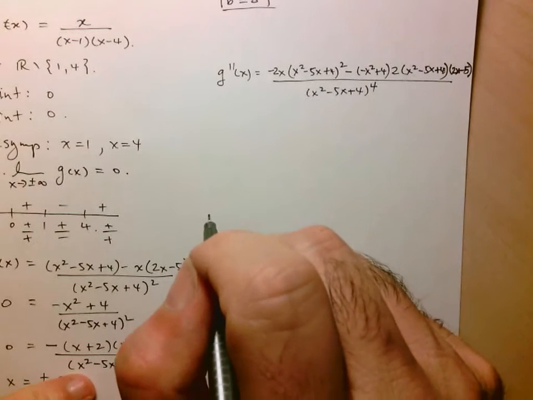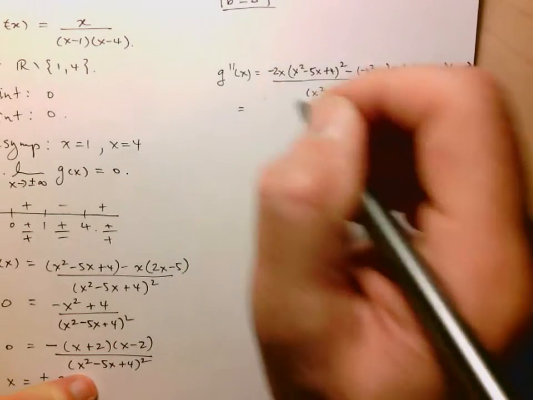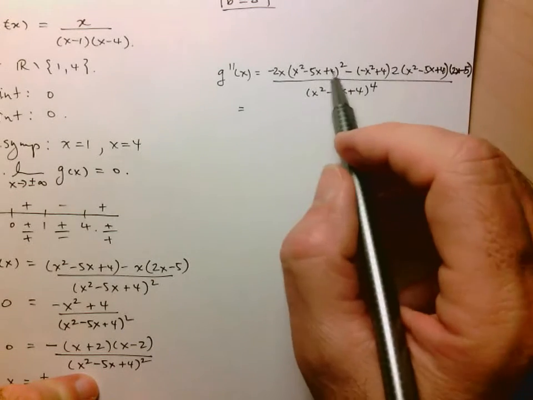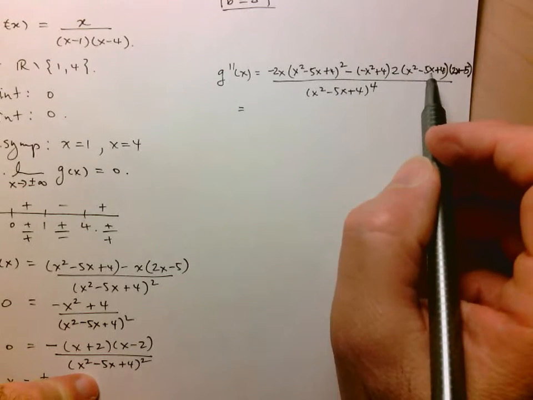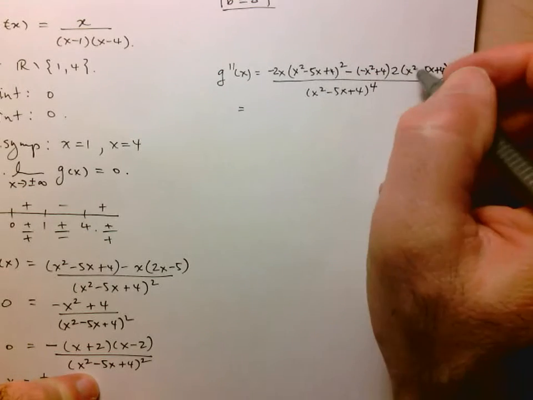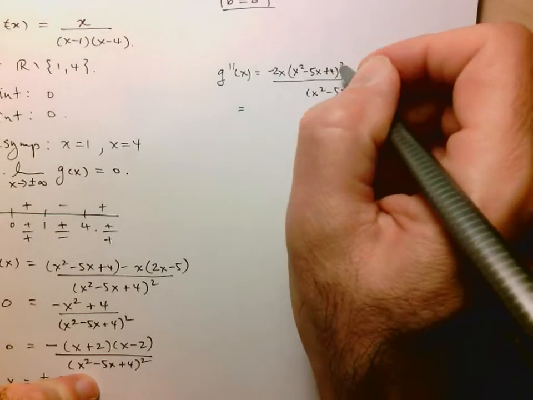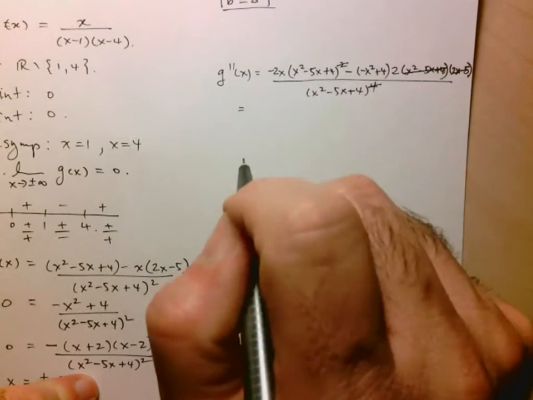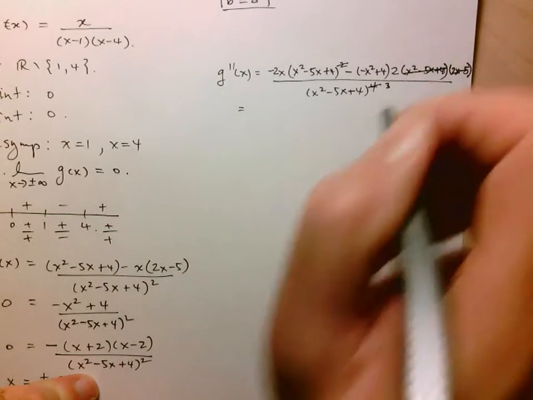Now again, in order to make this doable, I'm going to use the fact that both these terms in the numerator have a common factor of x squared minus 5x plus 4. So I'm going to factor out one of these, and it'll cancel out with one of my factors in the denominator.